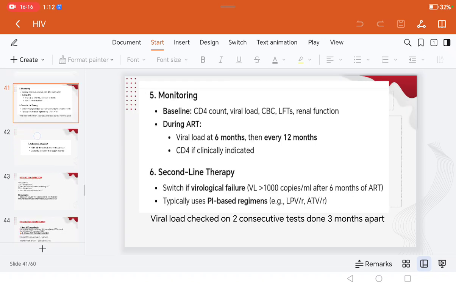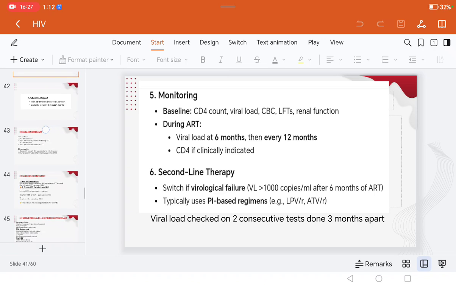So if we see the monitoring, baseline monitoring includes CD4 count, viral load, CBC, LFT, and RFTs. During ART, the viral load is checked at 6 months and then every 12 months, and CD4 if clinically indicated.